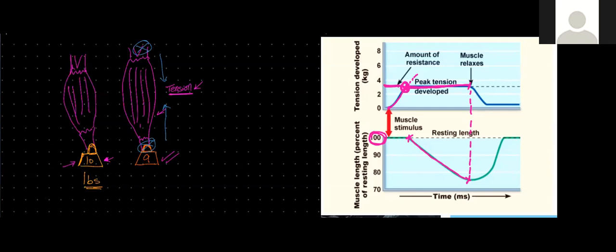When I contract, I start to increase the tension until I reach tension high enough to move the load. After that, the tension is going to become constant. There will be no further increase in the tension. And at the same time, the muscle length is going to be shortening. So the muscle will be dropping from 100% of its length to 70% or 75% of its length.